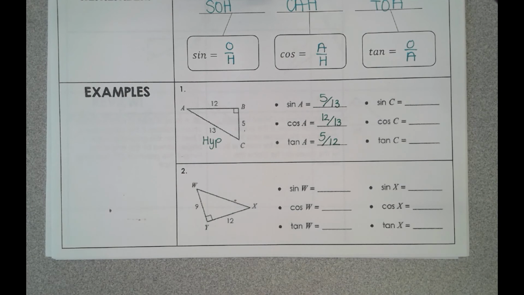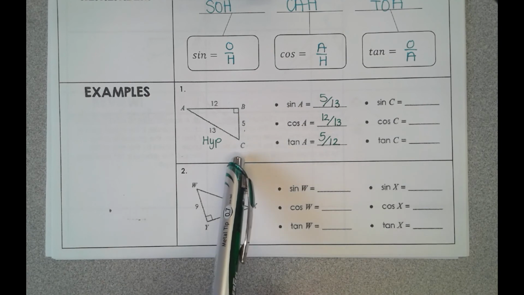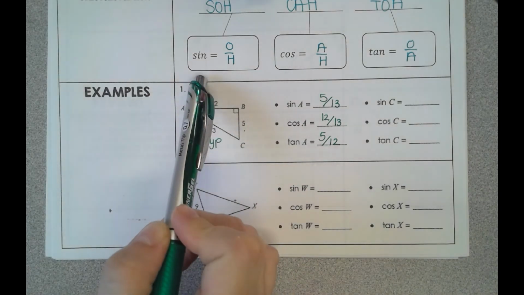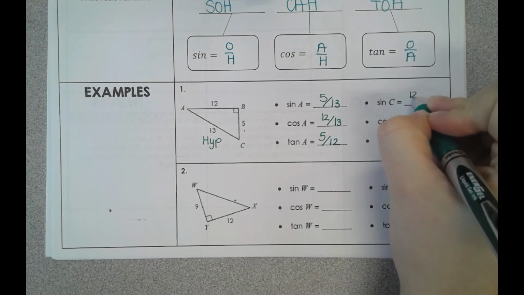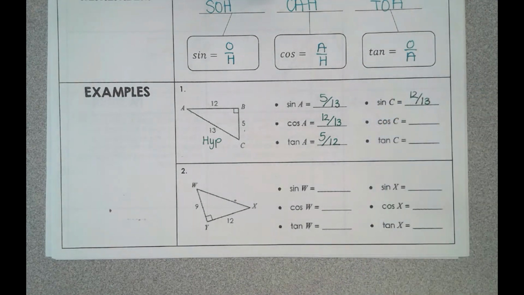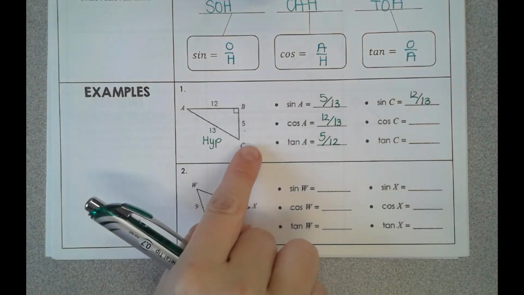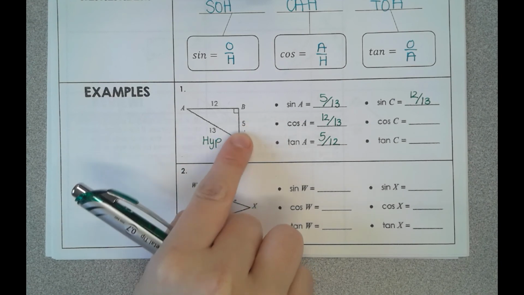All right, so C, if we're doing sine of C, now the opposite is 12. So 12, hypotenuse is still 13. That doesn't change. The adjacent side is going to be 5.